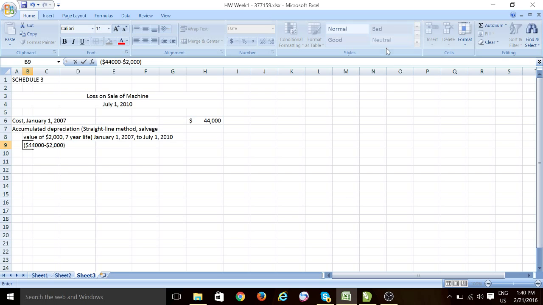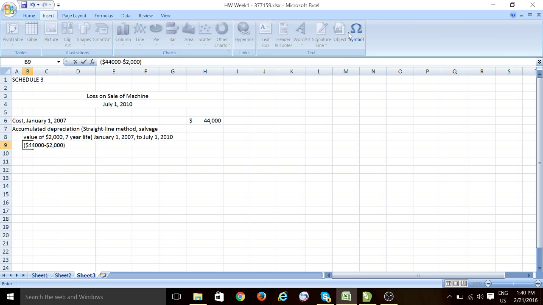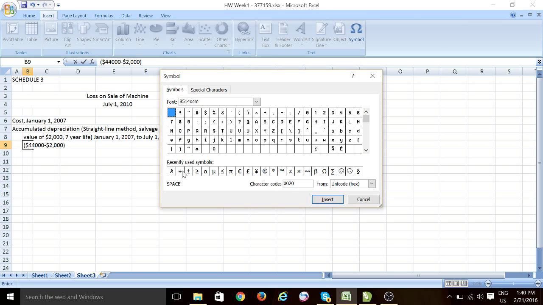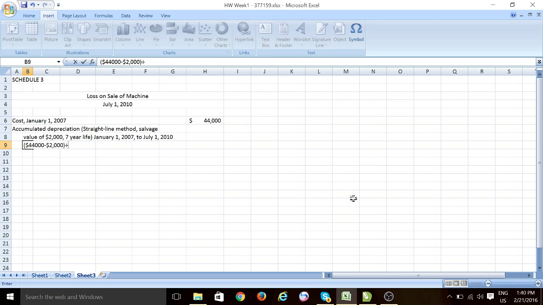And then divide it with the useful life, which is 7 years, and then times the time, the amount of time which has been used.